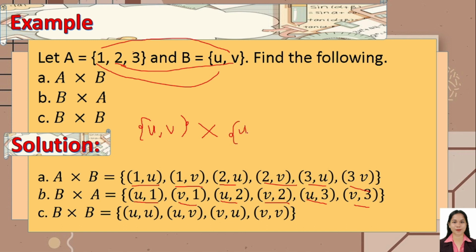So, u and u, so we have here (u, u). Then, u and v, (u, v). v and u, (v, u), and then v and v, then we have here the coordinate (v, v). So, ganun lang po yung pag-solve ng Cartesian product. So, this is all about the language of sets.